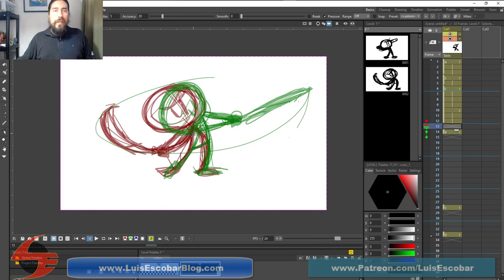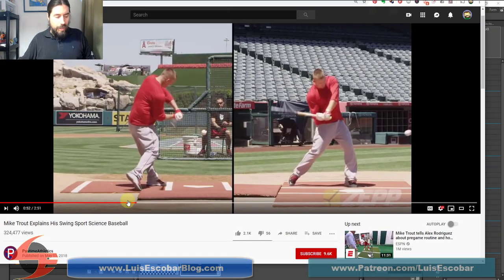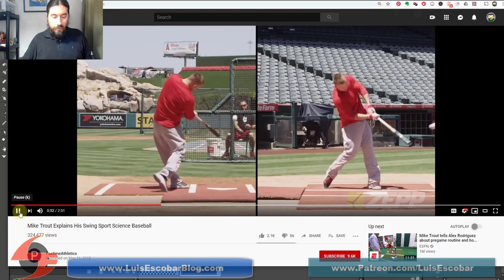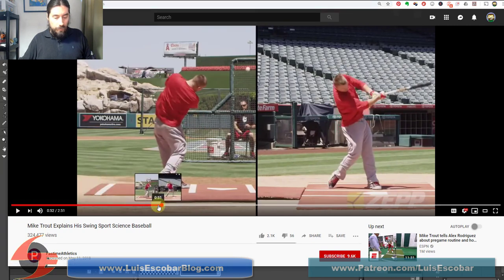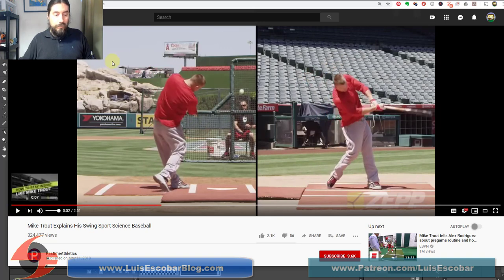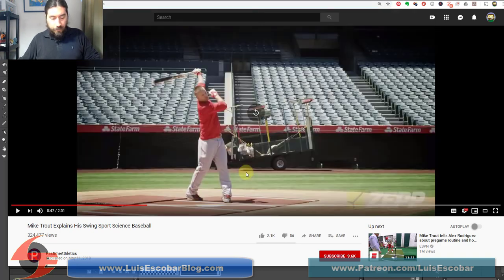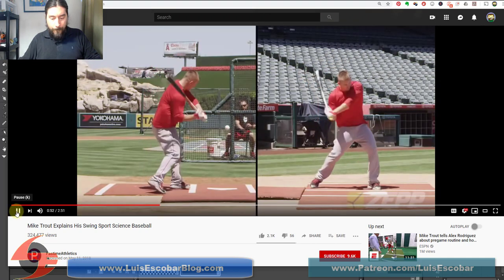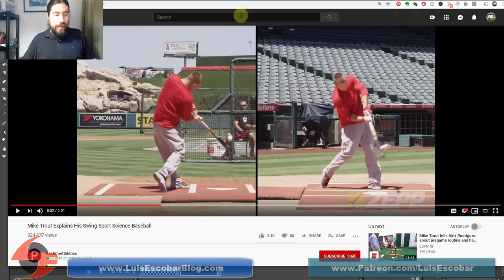Okay, and then what happens here? We have the ball. We don't have to worry about the ball at the moment. Boom. It's just a swing. About right there.